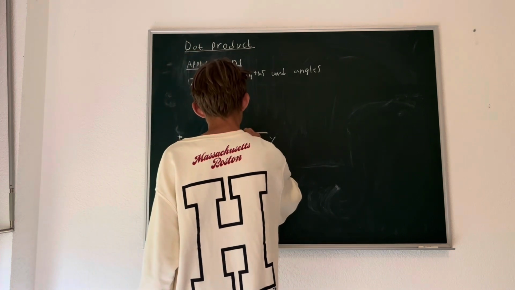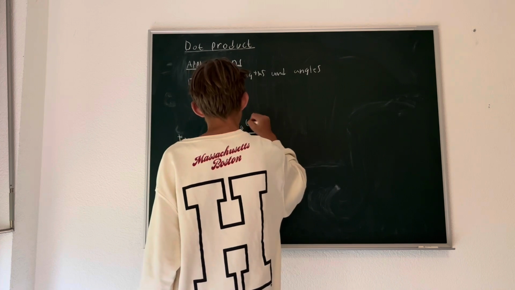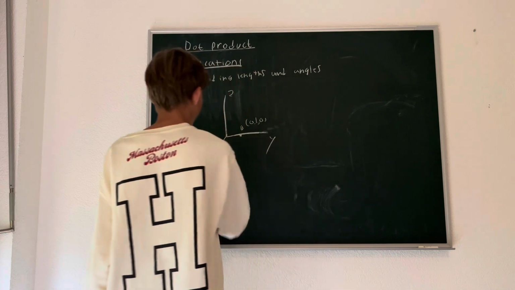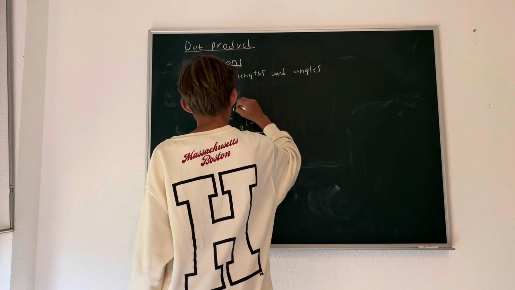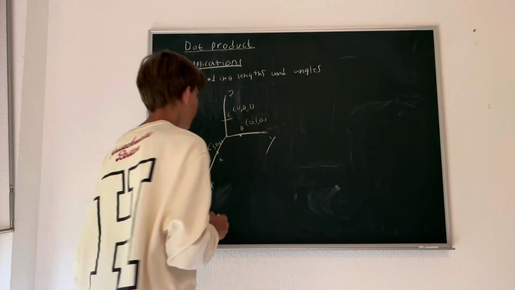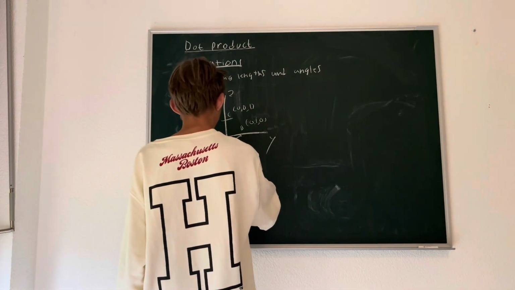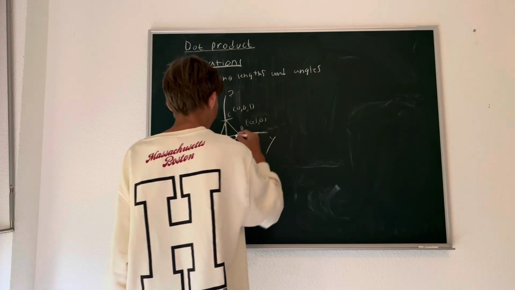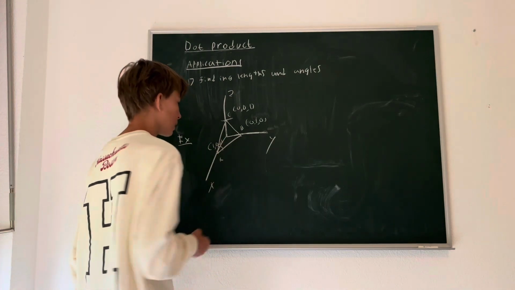Then I have B at point 0, 1, 0. And I have a point C at 0, 0, 1. We can see that these points form a triangle in space. And let's say we want to find this angle right here.